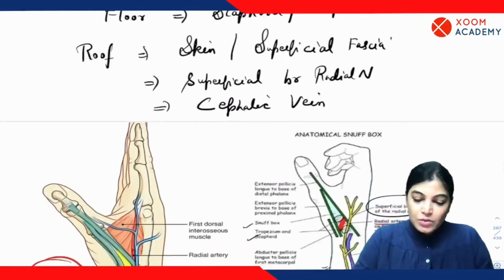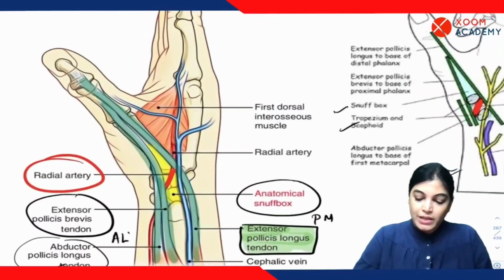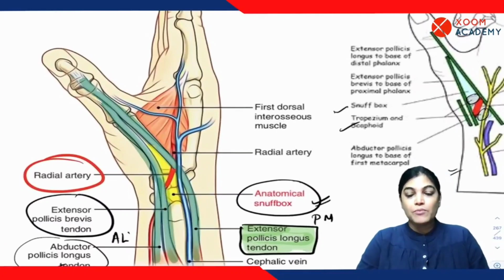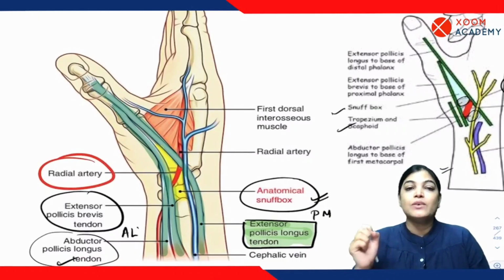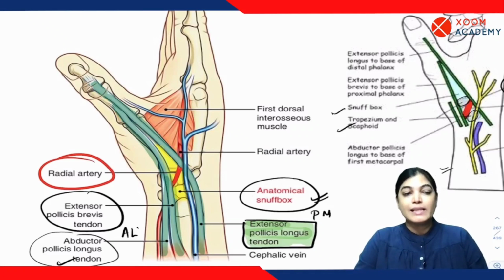Now, before ending this topic, I would like to tell you about its clinical aspect. At times the anatomical snuff box area is quite tender, and this is associated with fracture of the scaphoid bone.